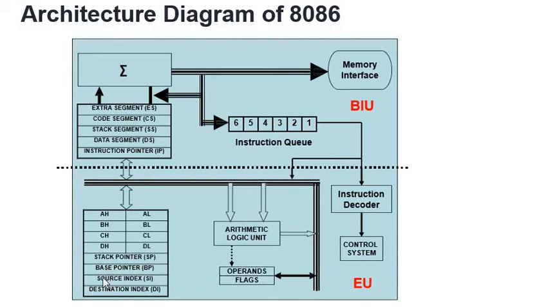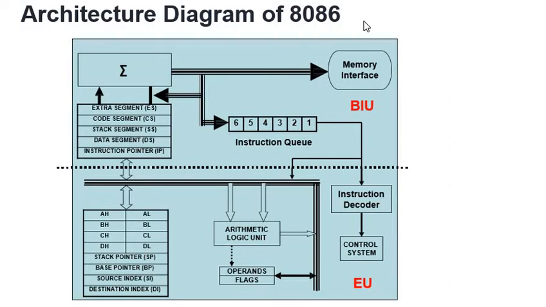Source index and destination index are used whenever string data is accessed. For string data access, it is possible to move the data from one memory location to another memory location. Whenever you want to access data between memory locations, you need a 20-bit address.